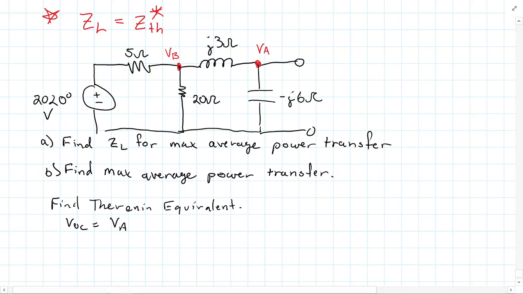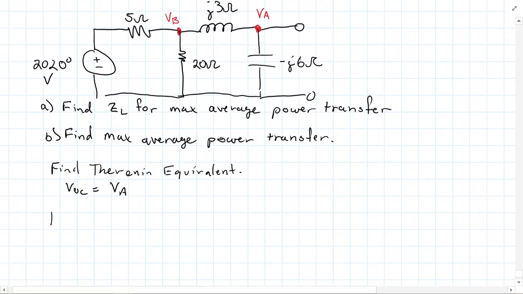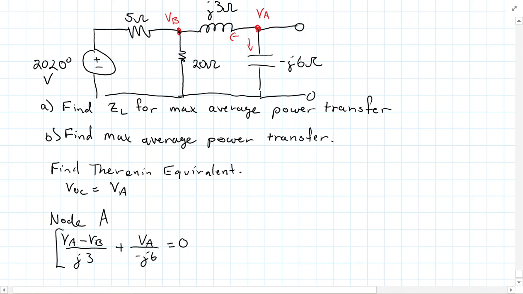So I'm going to go ahead and write a node equation here at node A. We've got a current going that direction and a current going that direction, so we'd have (VA minus VB) over J3 plus VA over minus J6 is equal to 0.